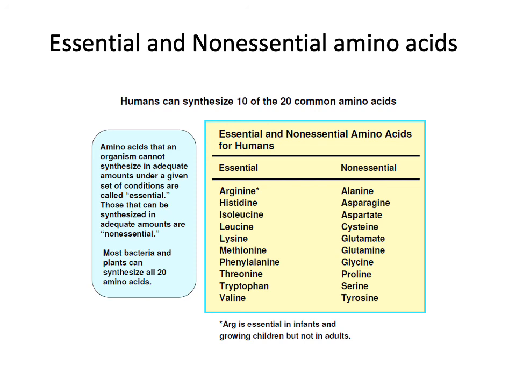Arginine is the same. In this figure, it says arginine is essential in infants and growing children, but not in adults. Not sure why that is, but I think that's from the textbook.